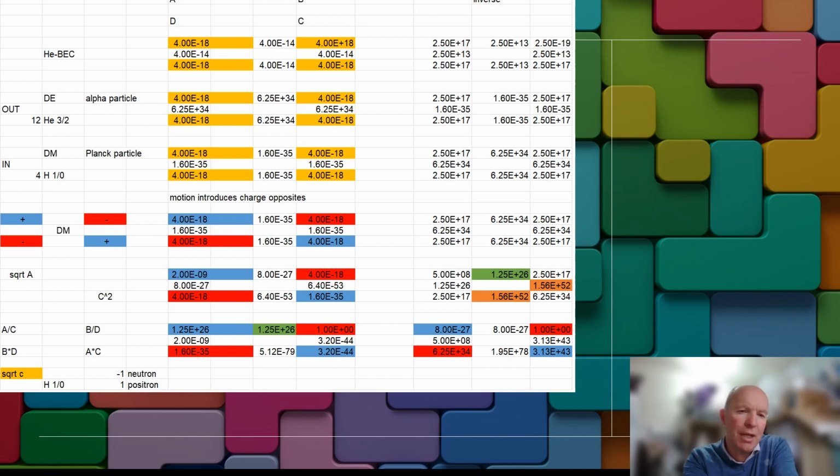Multiply them together and you get -1, and the positron is +1, so overall it's got a charge of 0, so it's stable. So it is both stable and unstable depending on which way you look at it.